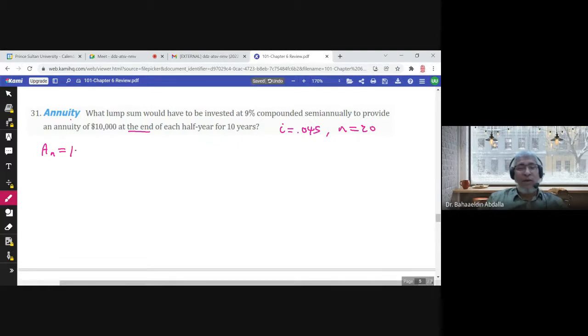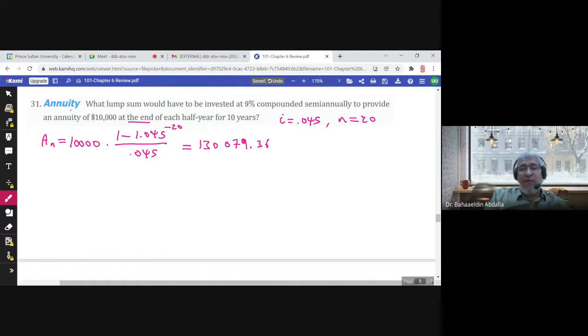So R, the payments in this case, are 10,000 times the formula for present value of an annuity, which is 1 minus 1 plus I to the power negative n, okay, over I. And if you use the calculator, you will find that the answer is 130,079.36 dollars. This is the sum we need now to give us 10,000 each half year for 10 years.